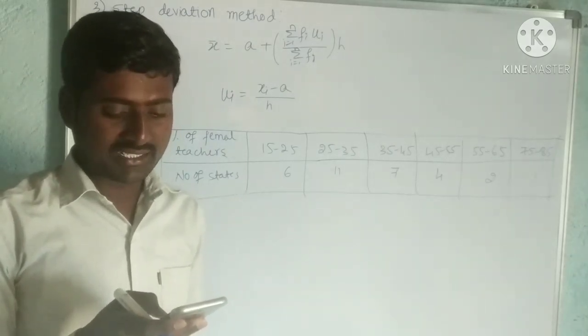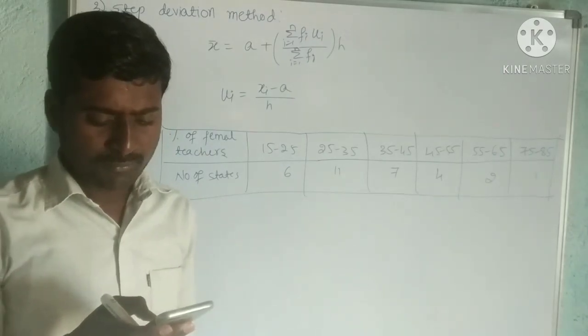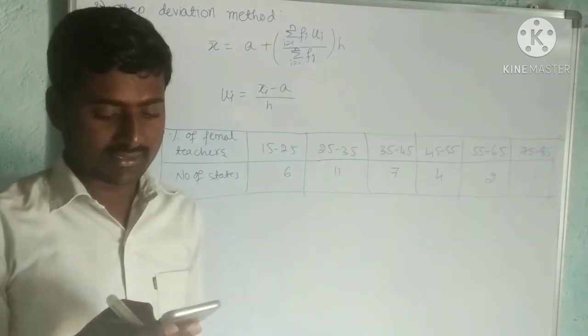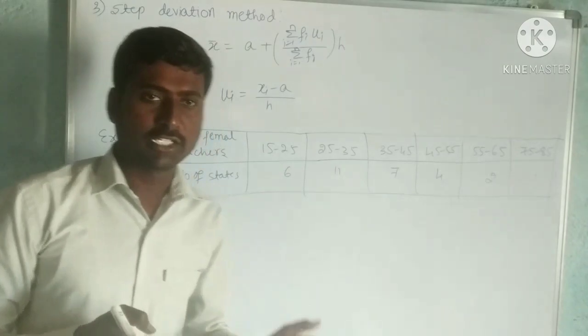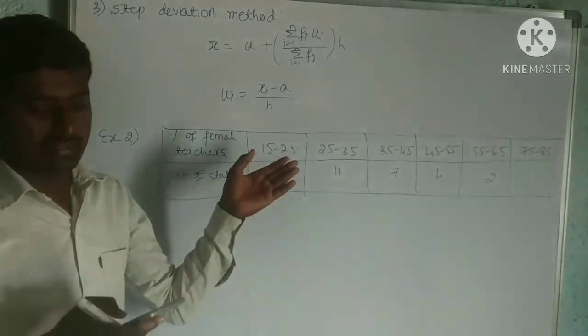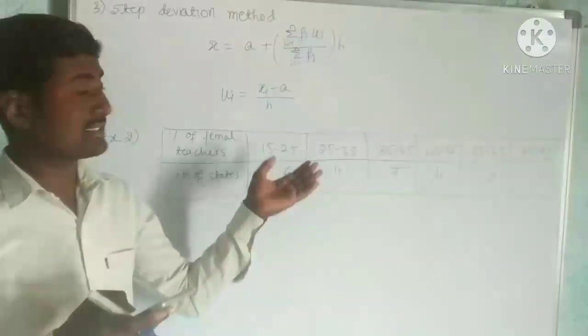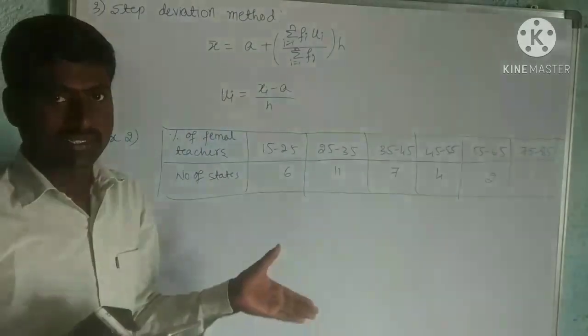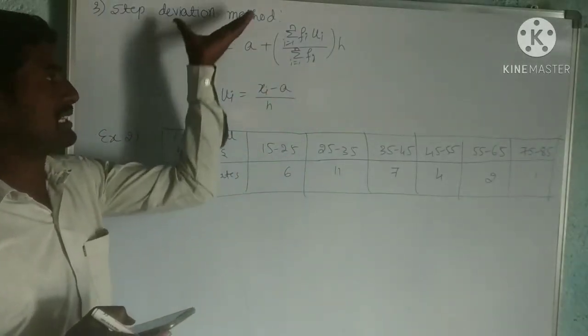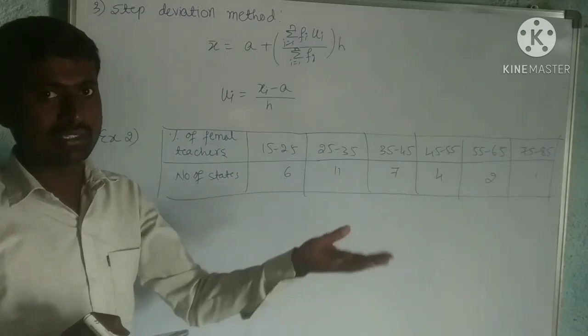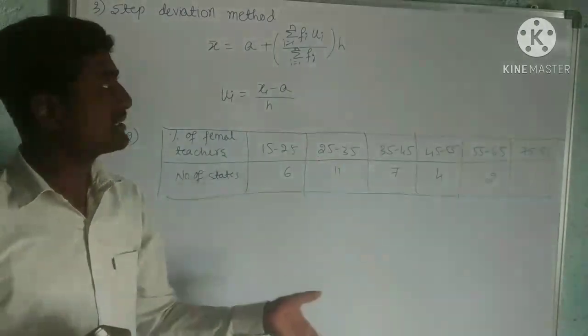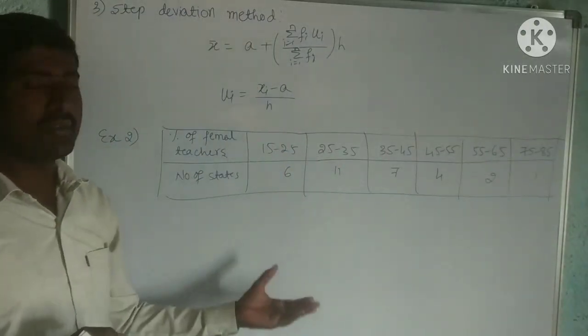Find the mean percentage of female teachers by all the three methods discussed in this section. They said to discuss all three methods, but I will discuss only the step deviation method. We already know the first two methods, so I will leave them and go for the step deviation method.